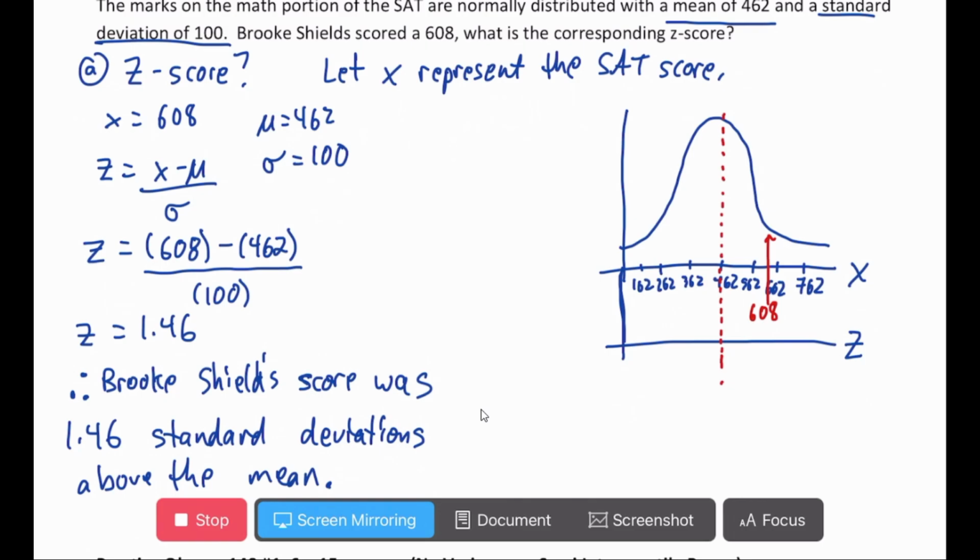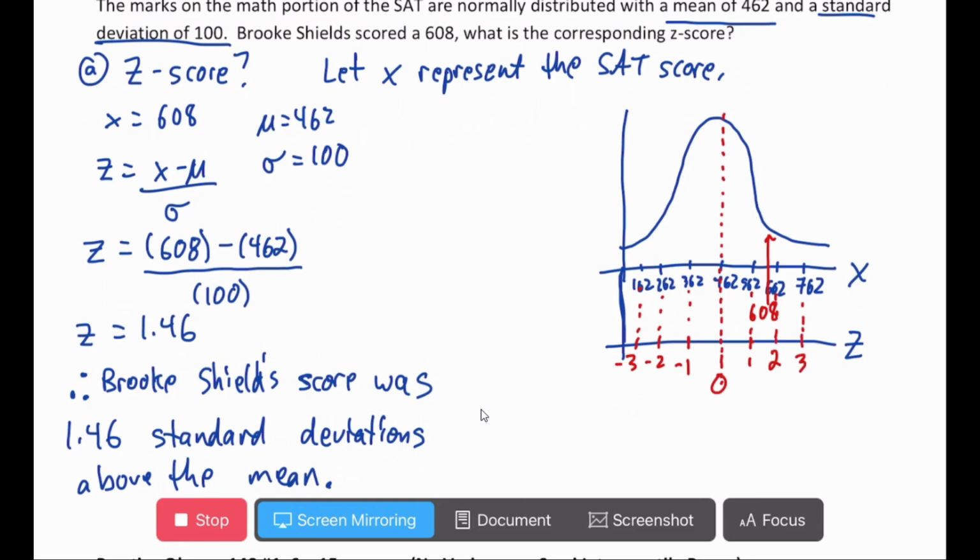All right, so let's start from the center here. The mean is 462, and the standard deviation is 100. So every time I move 100 to the left, and that's why I chose those numbers for my x-axis, this is z-score -1, so I've moved 1 standard deviation to the left, and 2 standard deviations to the left, 3 standard deviations to the left, so my z-scores are -1, -2, -3. Any values on the mean have a z-score of 0, and then z-scores of 1, 2, and 3.